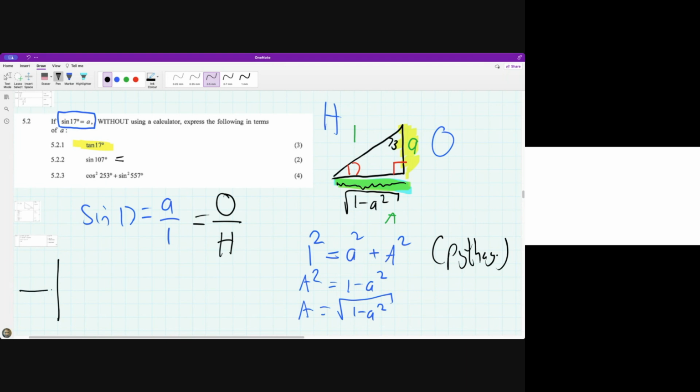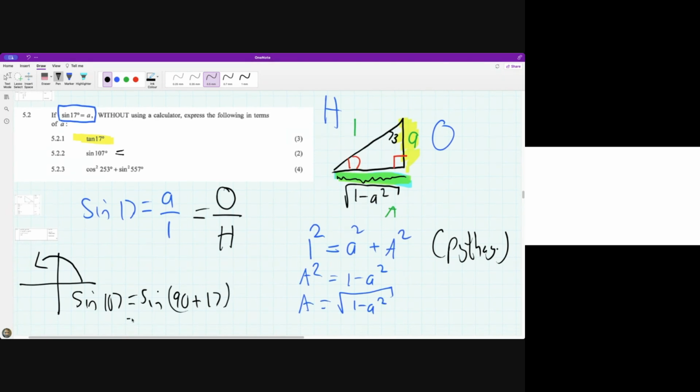So if you use co-ratios, 107 is in this quadrant. And you could write the sine of 107 as sine of 90 plus 17. And then you could say in that quadrant, sine is positive. And because we're using the vertical, this changes to the cos of 17.